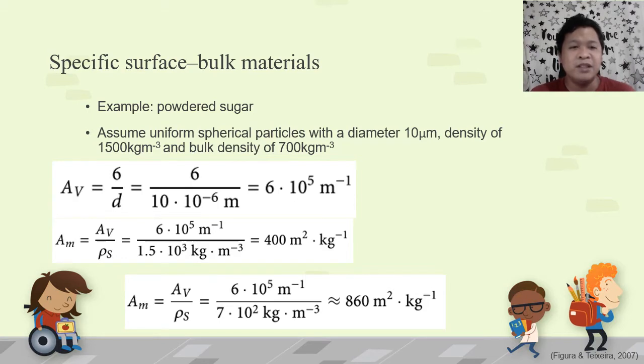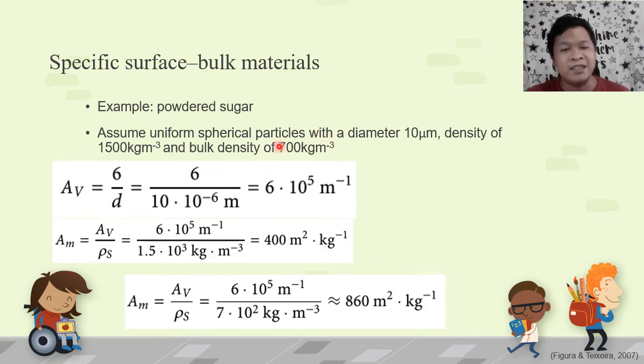For example, you want to know what would be the mass, specific surface per unit mass of powdered sugar. So if we are given, for example, the assumption that you have uniform spherical particles with a 10 micron diameter, a density of 1.5 tons per cubic meter, or about 1.5 grams per ml, and the bulk density, which is, di ba, yung kapag may hangin siya, ang kanyang density ay 700 kilograms per cubic meter na lang.